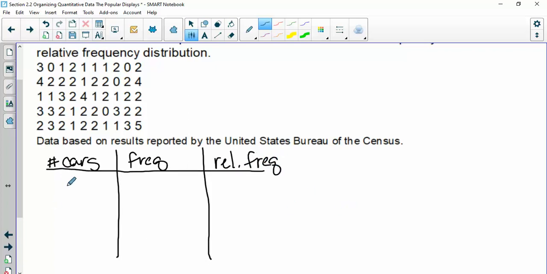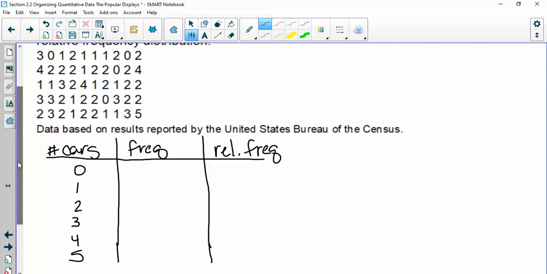So it looks like my options are 0 through 5. All right, how many times do we have 0? 4.